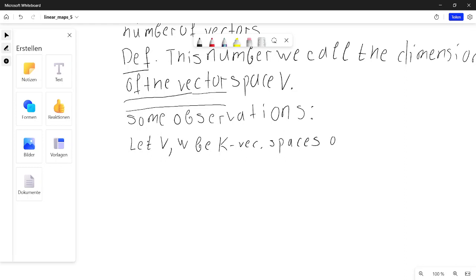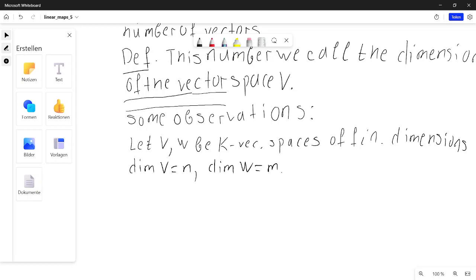The K vector spaces are finite dimensional, with respective dimensions: dimension V is equal to n, dimension W is equal to m. Let L from V to W be linear. That is a linear map.